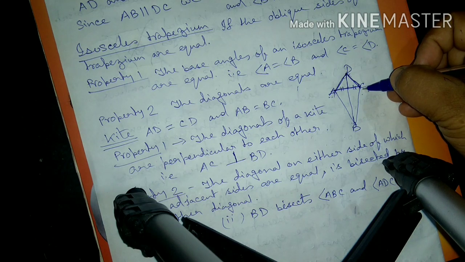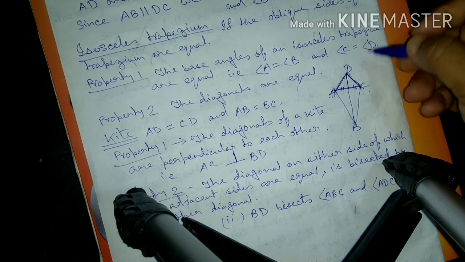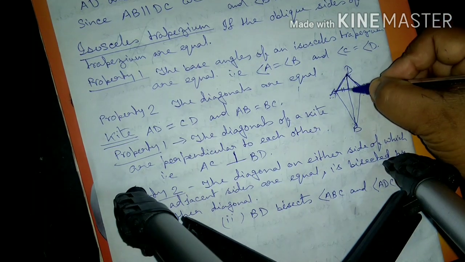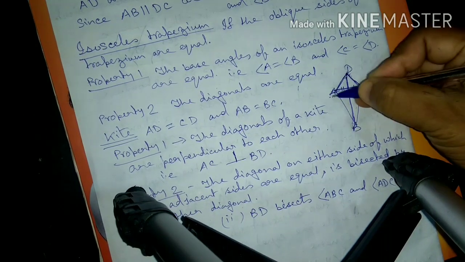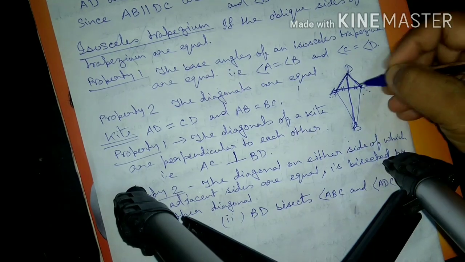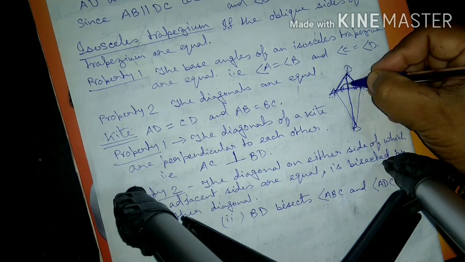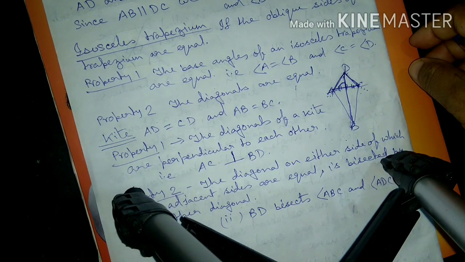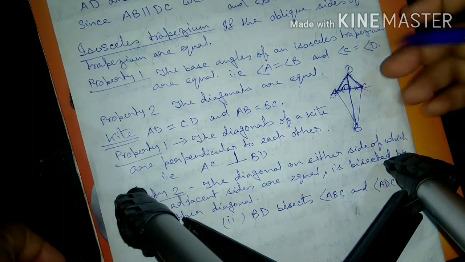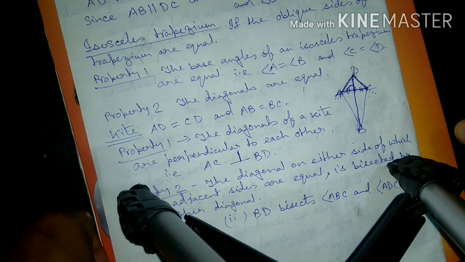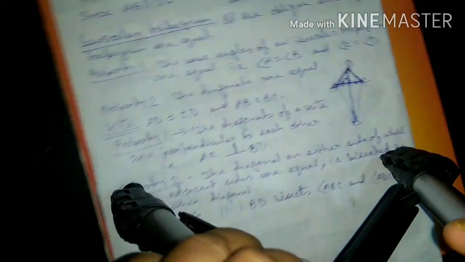So property 1 is what? Property 1 is that the diagonals of a kite are perpendicular to each other. These two are the diagonals, AC and BD. They are perpendicular to each other. That means AC is perpendicular to BD, or BD is perpendicular to AC.